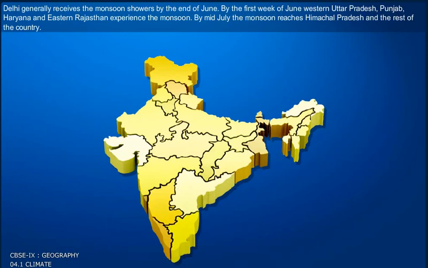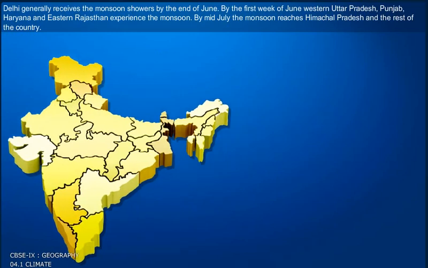Delhi generally receives the monsoon showers by the end of June. By the first week of July, western Uttar Pradesh, Punjab, Haryana, and eastern Rajasthan experience the monsoon. By mid-July, the monsoon reaches Himachal Pradesh and the rest of the country.